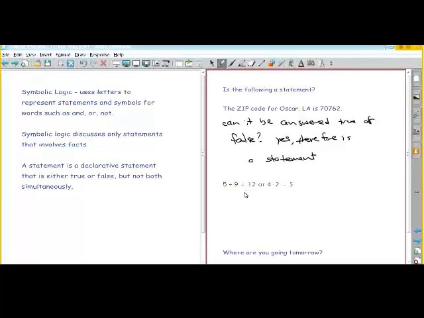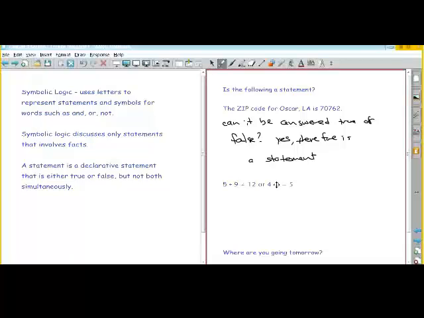So, for example, the next one actually consists of two statements with an or in between, but we'll treat it as a single one. So 5 plus 9 is 14, which is not equal to 12. So this is a fact. In this case, it's a true fact. The second one, 4 minus 2 is equal to 5. Well, 2 is not equal to 5.